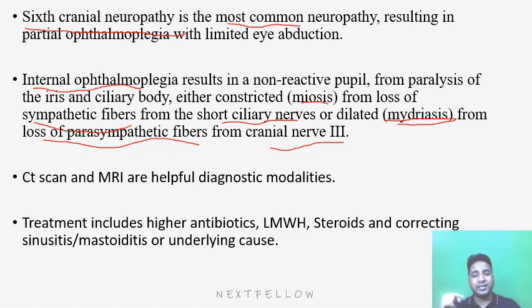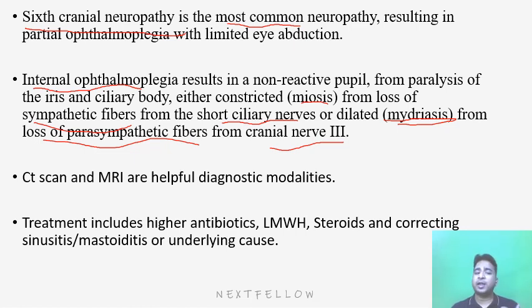We know in the eye the sympathetic fibers are present around the arterial supply and in the short ciliary nerve, and the parasympathetic fibers are around the third cranial nerve, that is the oculomotor nerve. So both may be hampered, leading to miosis and mydriasis respectively.